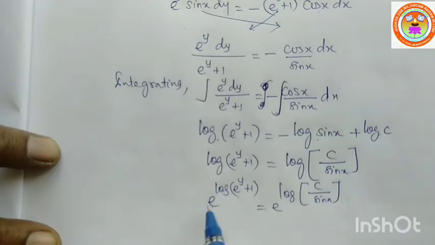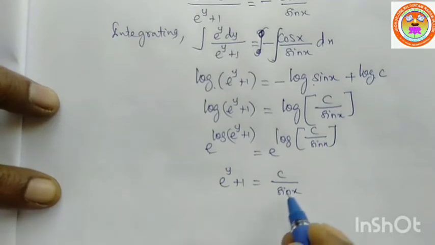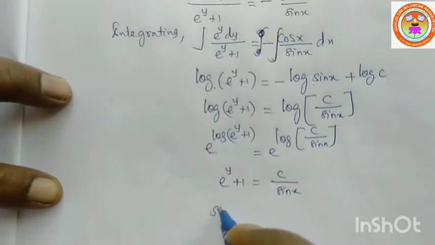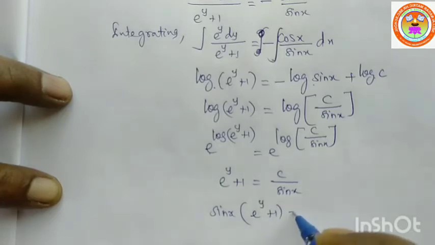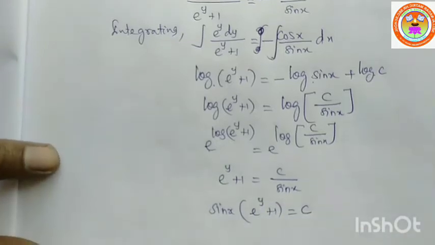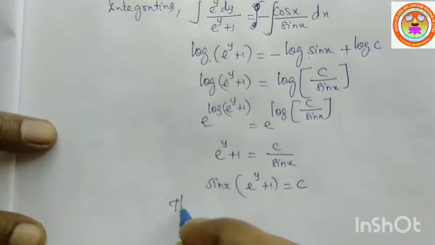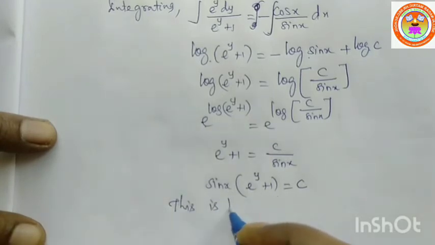So e and log get cancelled. So we'll get e power y plus 1. That side, e and log get cancelled, c by sin x. When we cross multiply the sin x to this side, we will get sin x into e power y plus 1 is equal to c. This is the required equation, required solution.